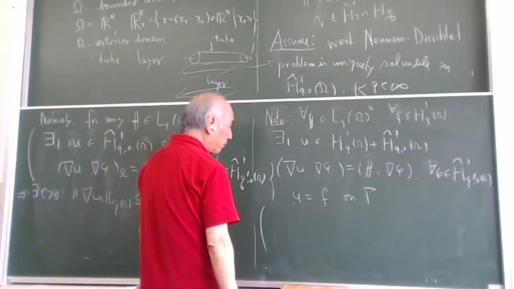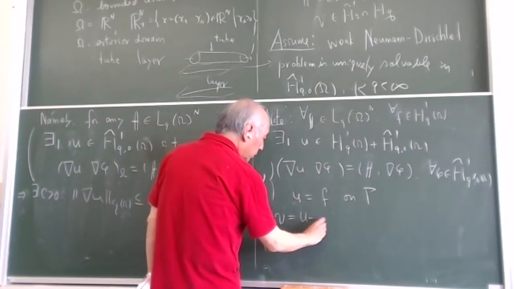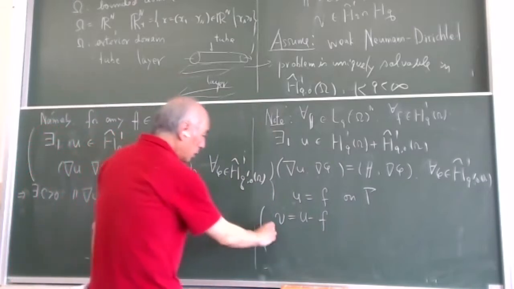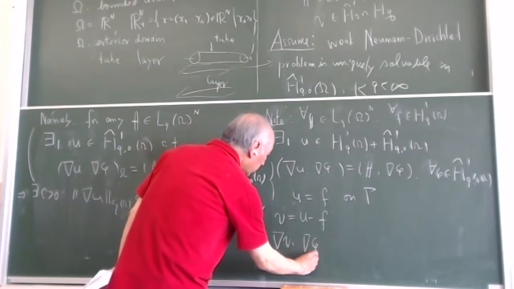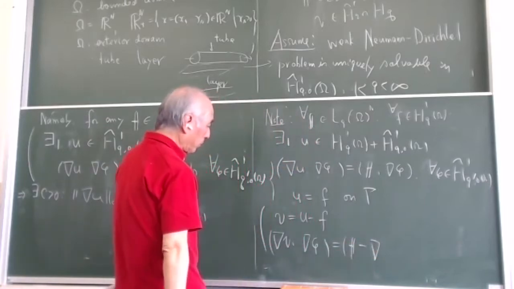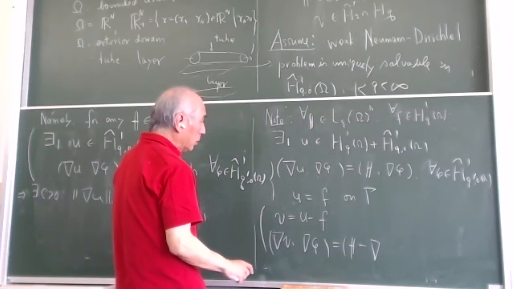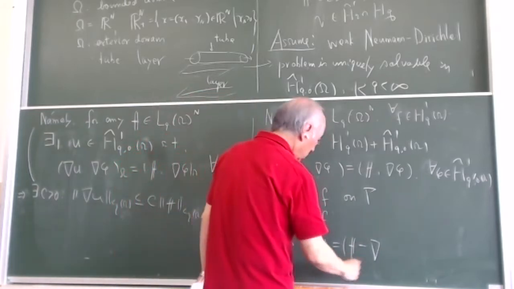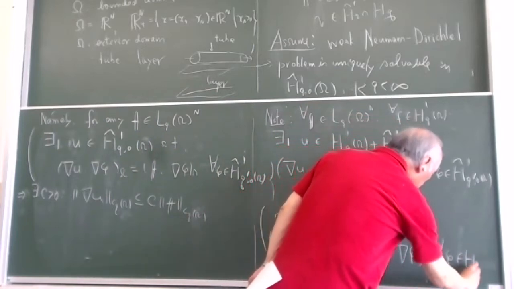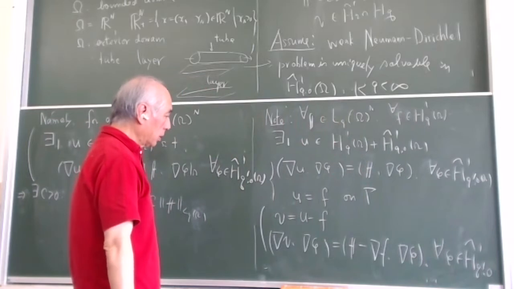In fact, if you put V equal to U minus F, then V is a solution to the weak problem.